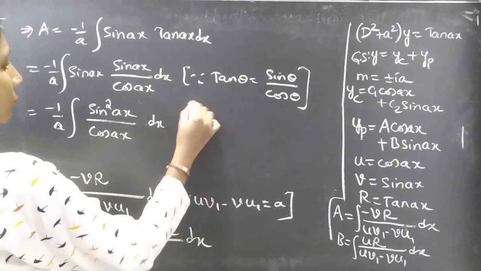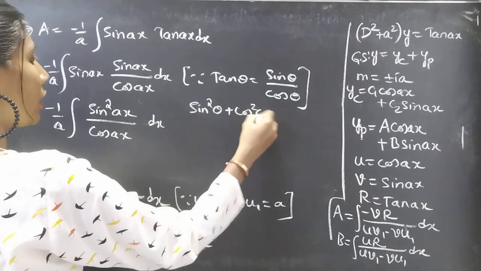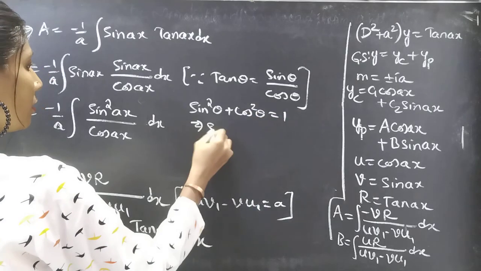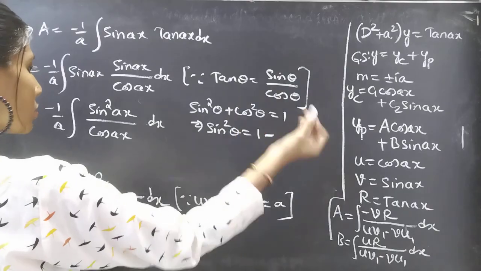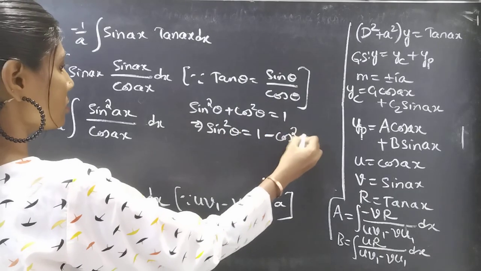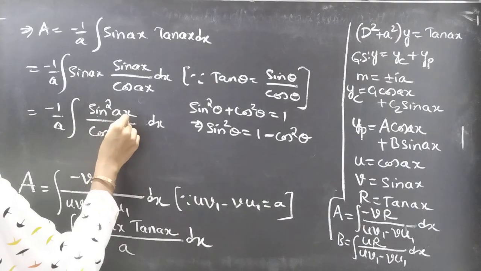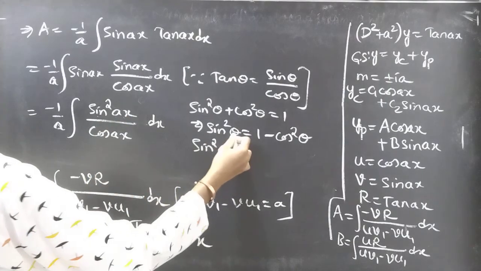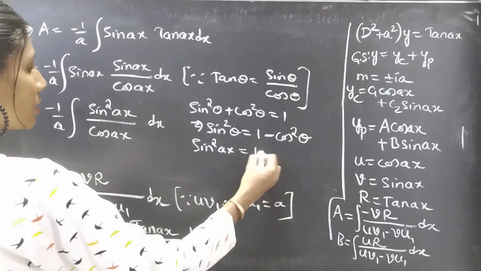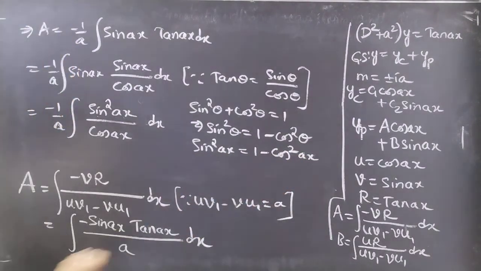Since we know that sin square theta plus cos square theta equal to 1, then sin square theta will equal 1 minus cos square theta, taking cos square theta to the RHS. If we replace theta by ax, we'll get sin square ax equals 1 minus cos square ax, right?